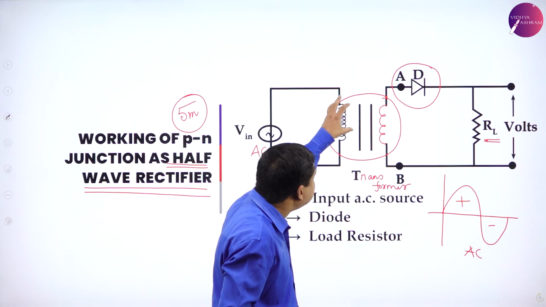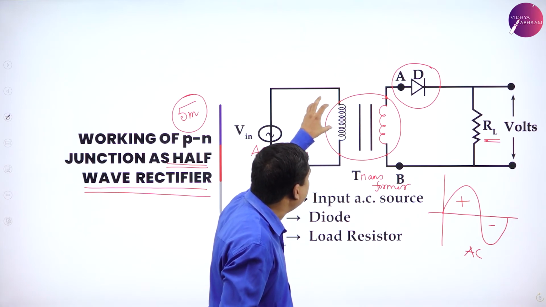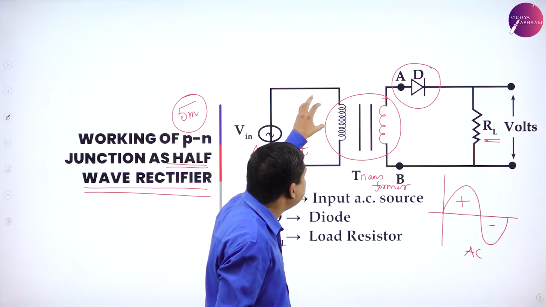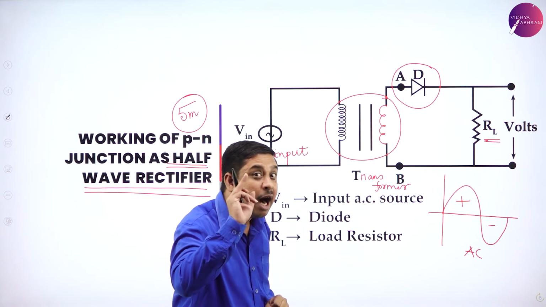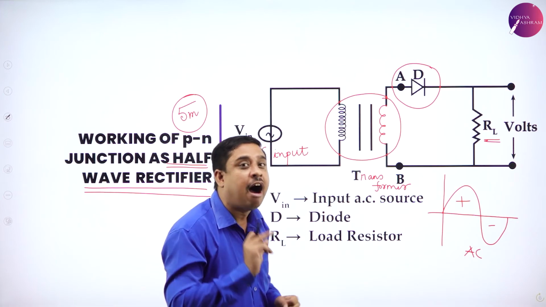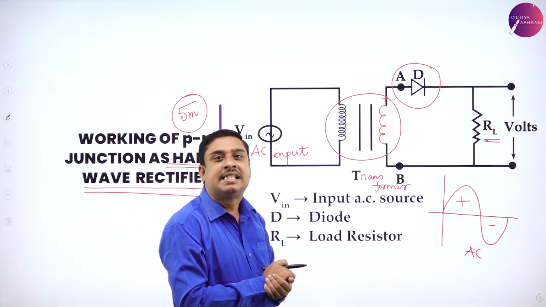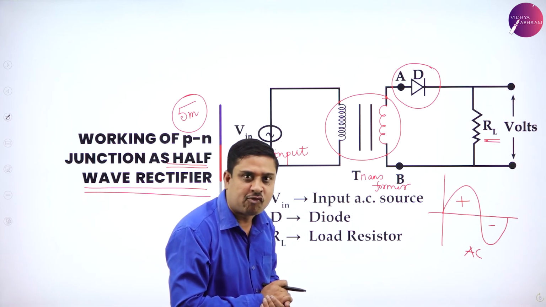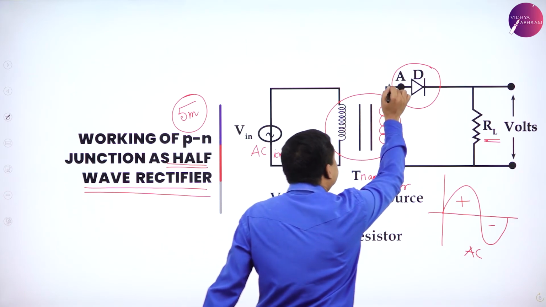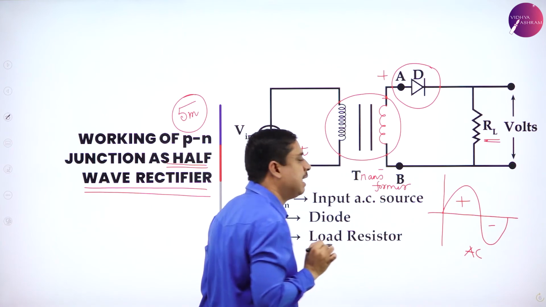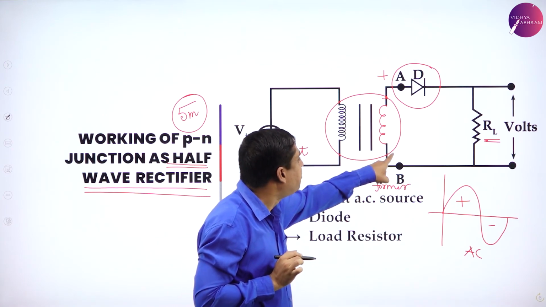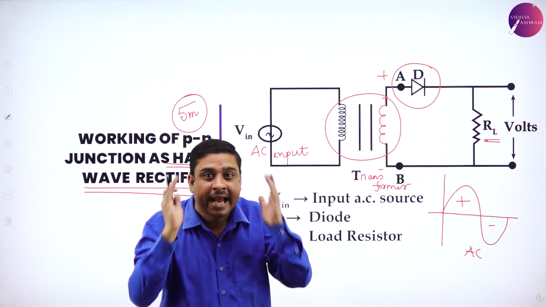When the positive half cycle is reaching the transformer, the end A is positive and this end B is negative.